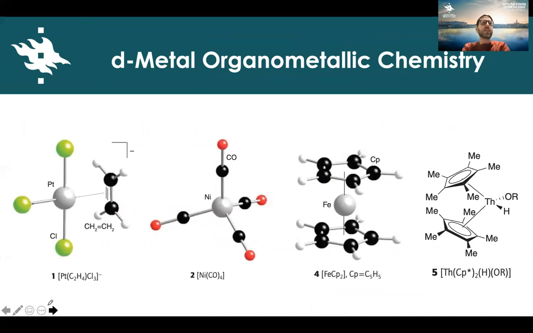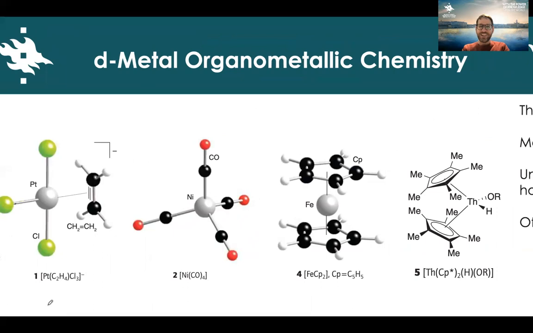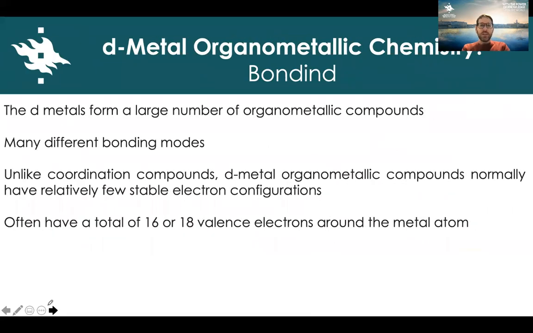So here are some examples of organometallic compounds in which we can see these unusual structures and bonding happening. The d metals form a large number of organometallic compounds.